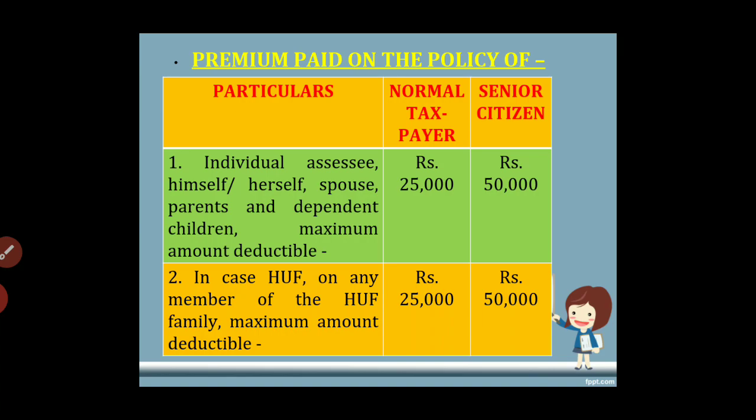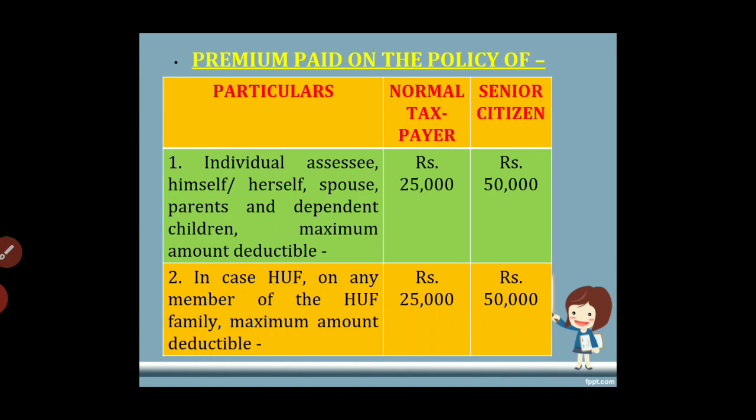But if that individual assessee or spouse or parents are a senior citizen, then up to what amount can you claim the deduction? Up to rupees 50,000. Right.